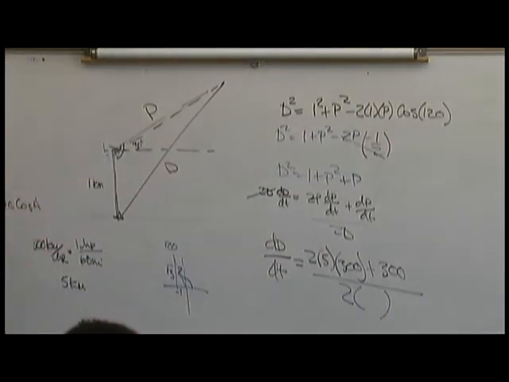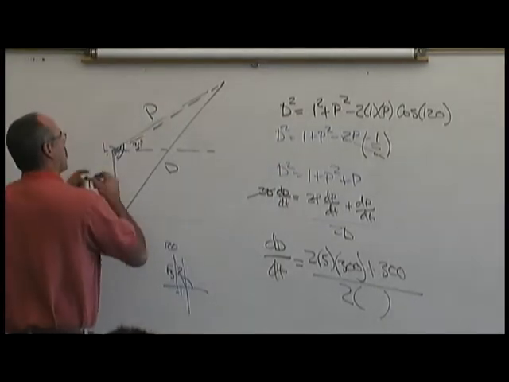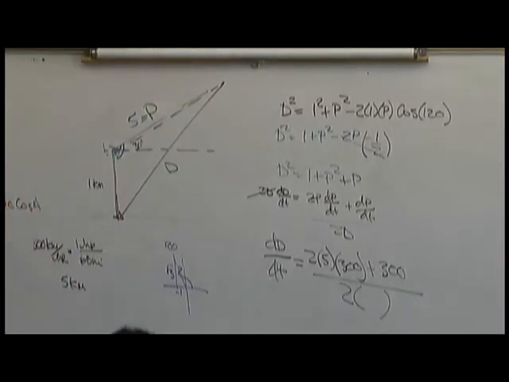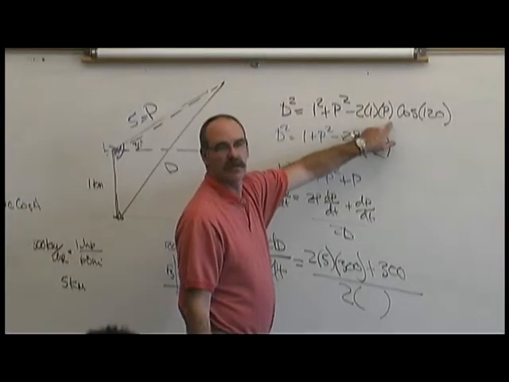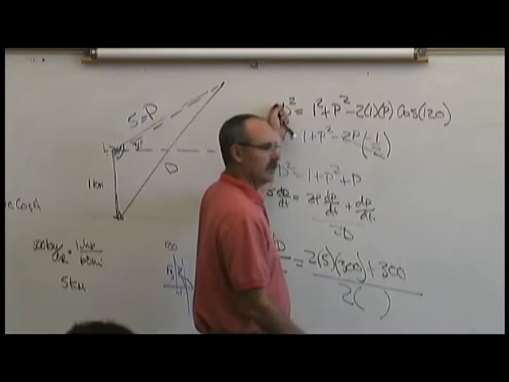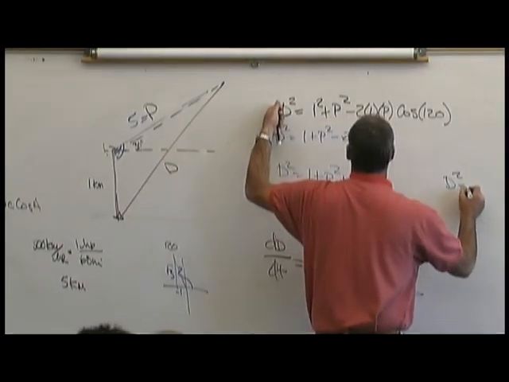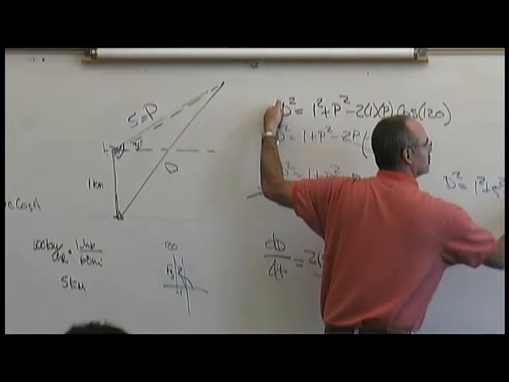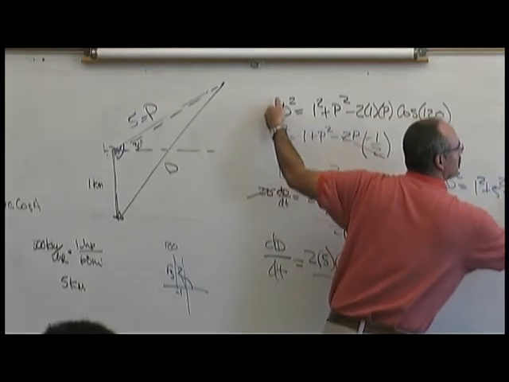What's d? When this is 5, when I freeze frame it and p is 5, what's d? How do I find it? Can I just plug 5 in here and get d? d squared is equal to 1 squared plus 5 squared minus 2 times 1 times 5 times the cosine of the angle between them.